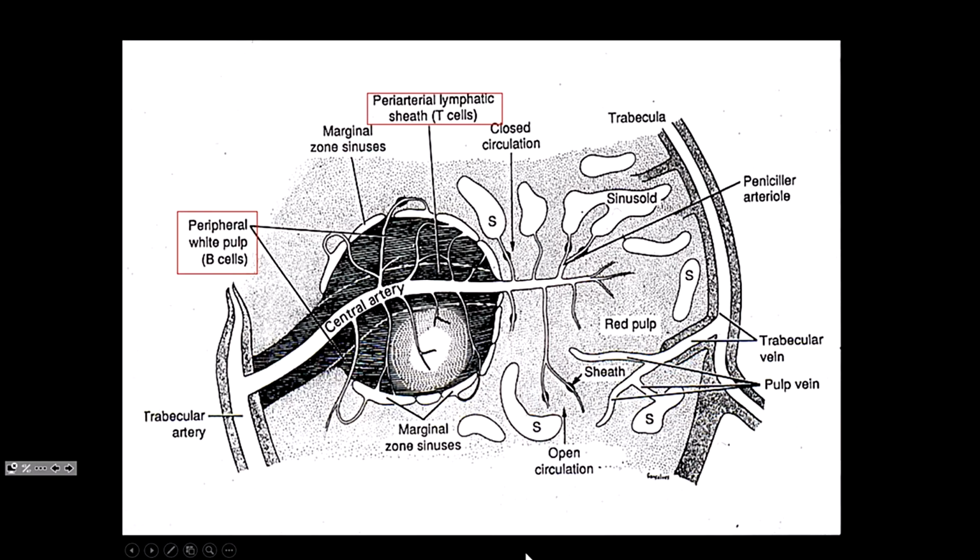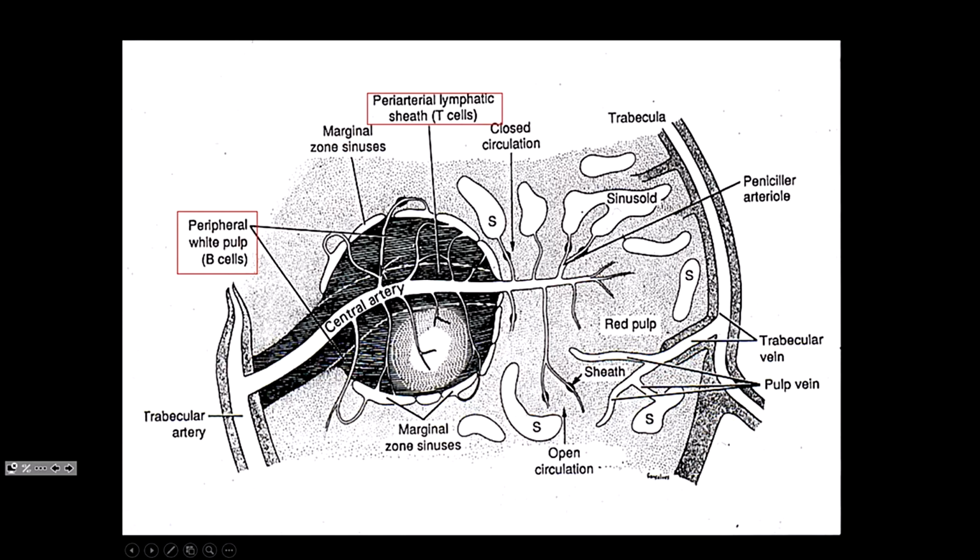So schematically then we can see blood entering the central artery or arteriole. It's kind of on the borderline between an artery and an arteriole, into the white pulp containing lymphocytes.